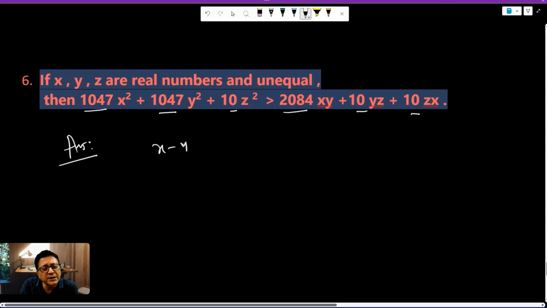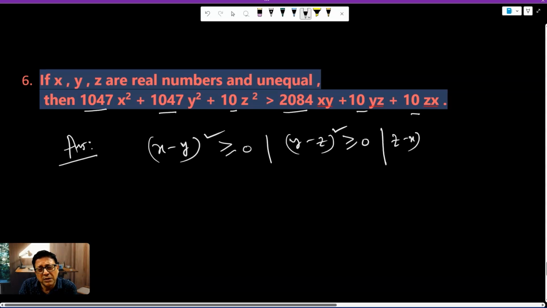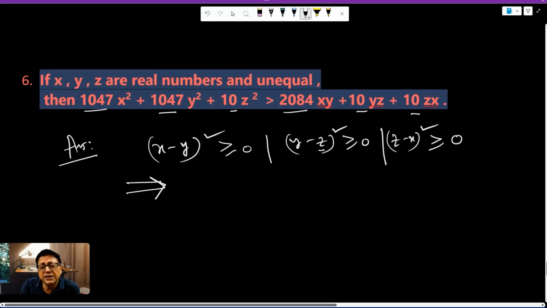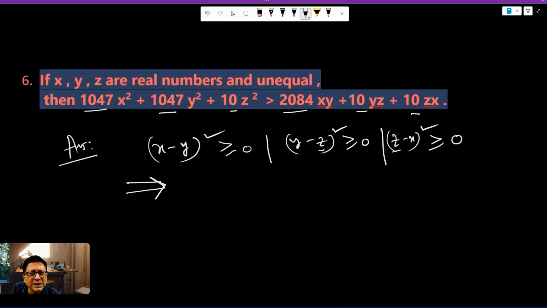Let us think this manner: x minus y whole square we know is greater than or equal to 0 with x, y real numbers, y minus z whole square greater than or equal to 0, and z minus x whole square also greater than or equal to 0. So one thing we can do, I need 10z square. z is there also. I need 10yz. Yeah, I need.